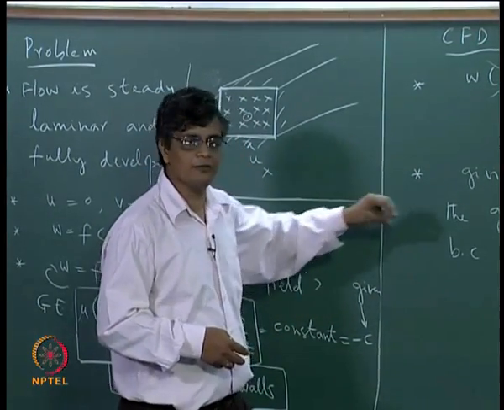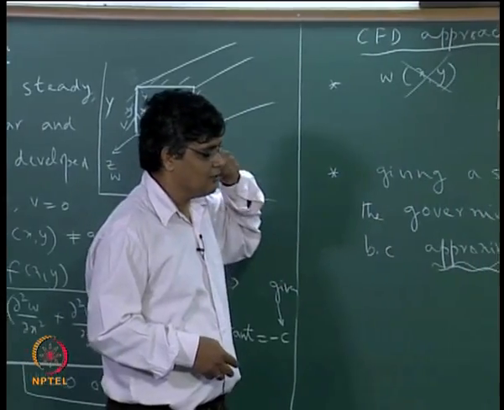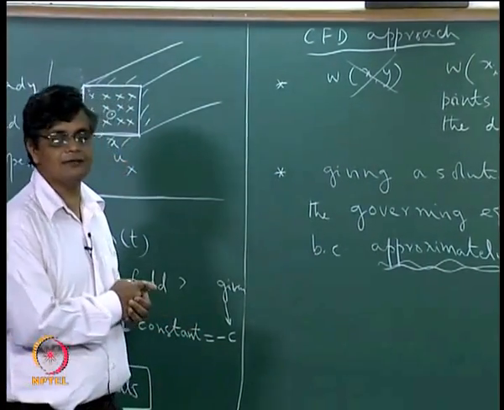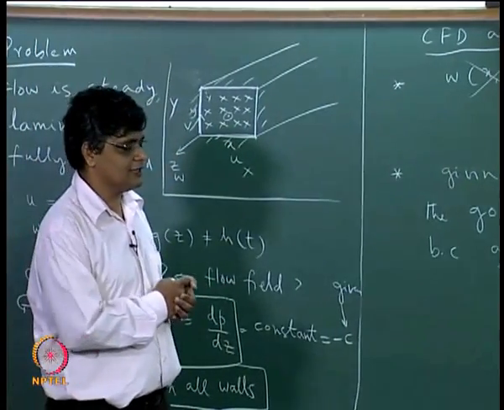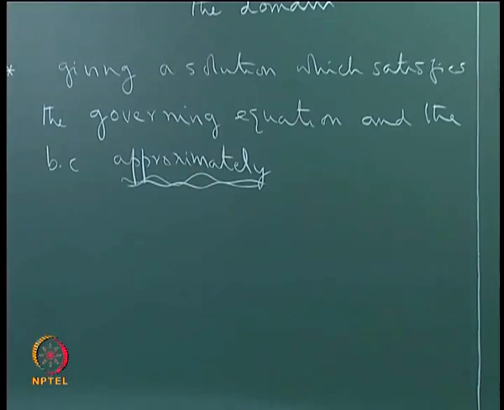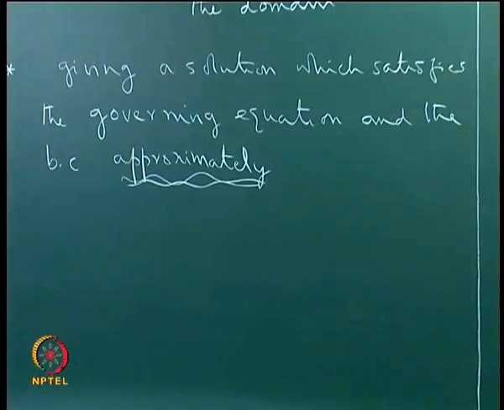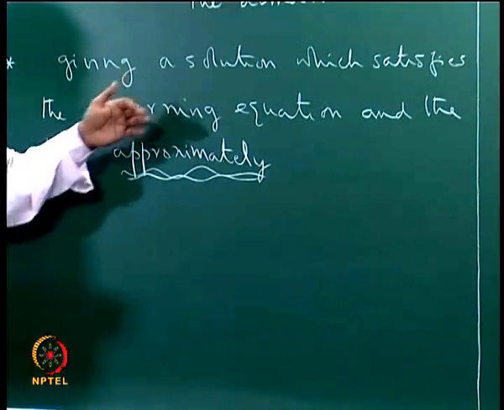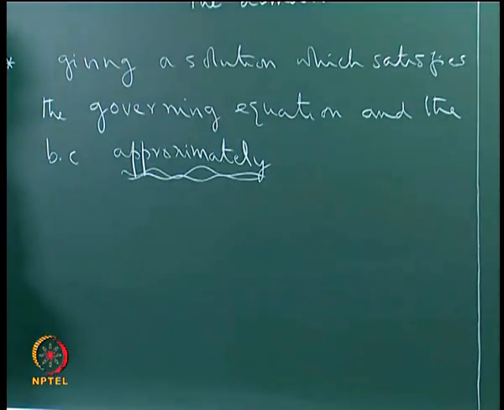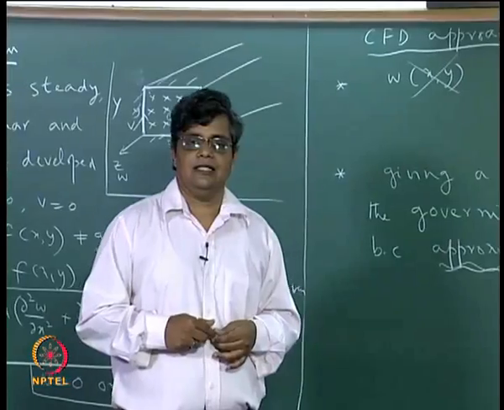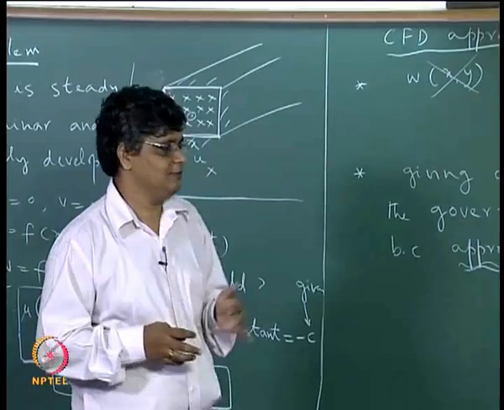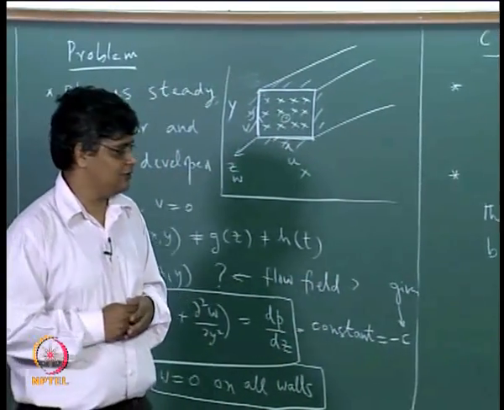So we do have some control over how to reduce the error, and that gives us some satisfaction of getting a solution. But we should keep in mind that the solution that we are getting from CFD is an approximate solution of the governing equation, and it is not guaranteed to be an exact solution. It may be an exact solution under special cases, but in general it is an approximate solution.